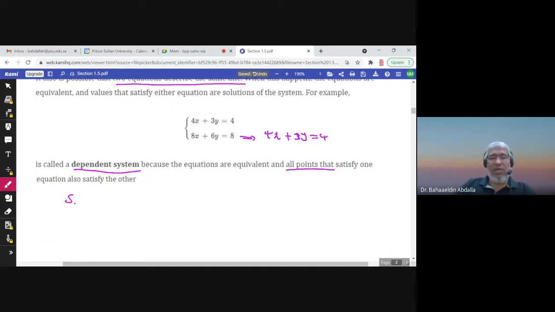In this case, we can write the solution like this. Solution set will consist of all ordered pairs (x, y) such that this ordered pair satisfies the first equation or the second equation, because in fact we have the same equation. So we just say that the solution of the system would be all ordered pairs that satisfy the first equation.